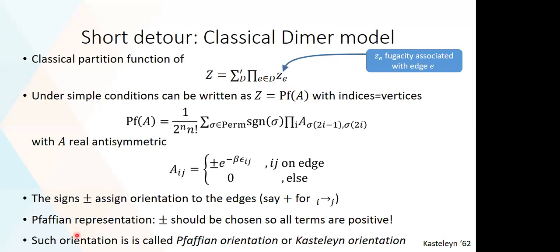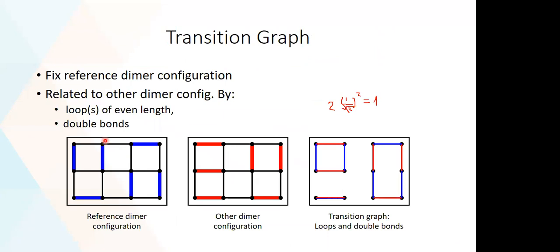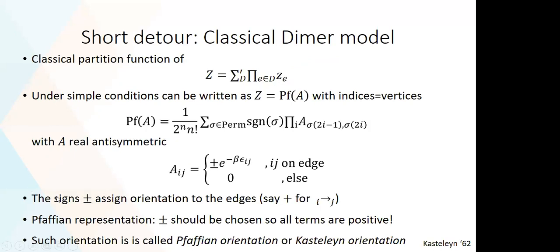So for example, this is an edge that's not occupied by a dimer, and this is an edge that's occupied by a dimer.